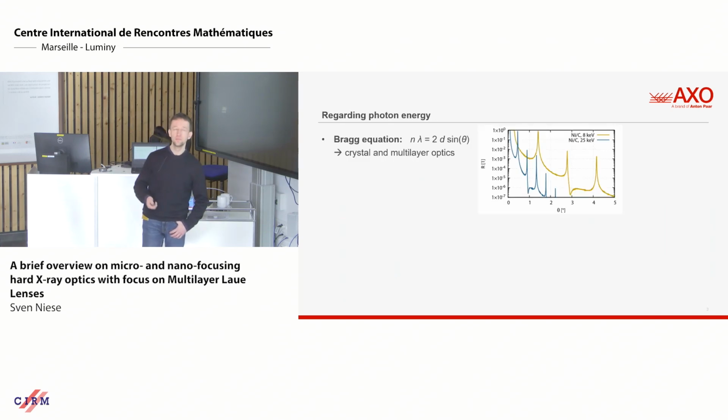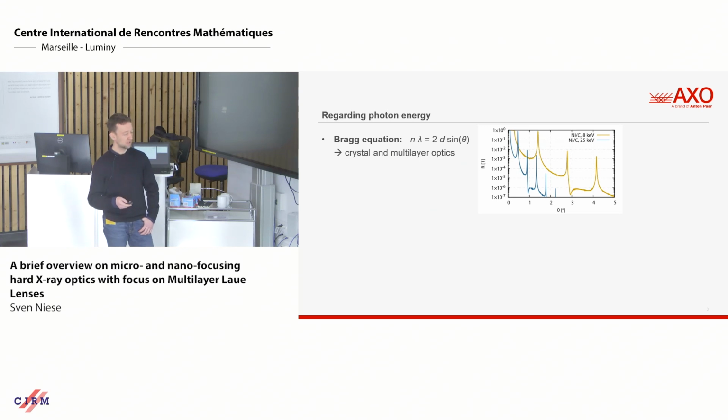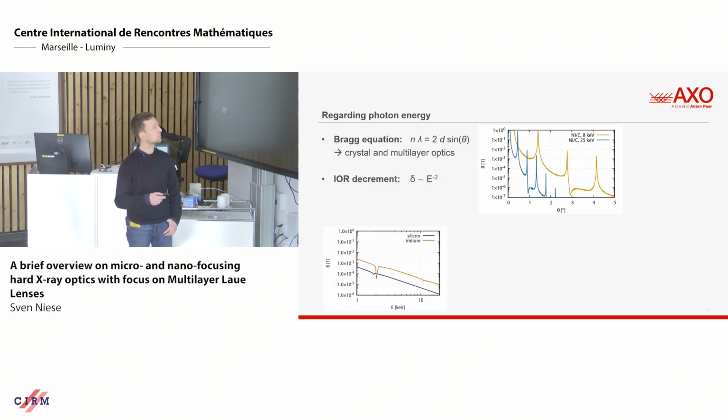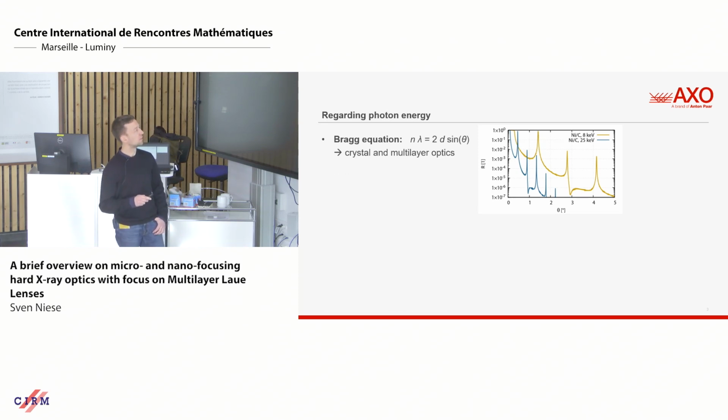So some equations here. For the crystal optics and the multilayer optics, you have a lattice that diffracts, and in order to get the angle, you have the Bragg equation.